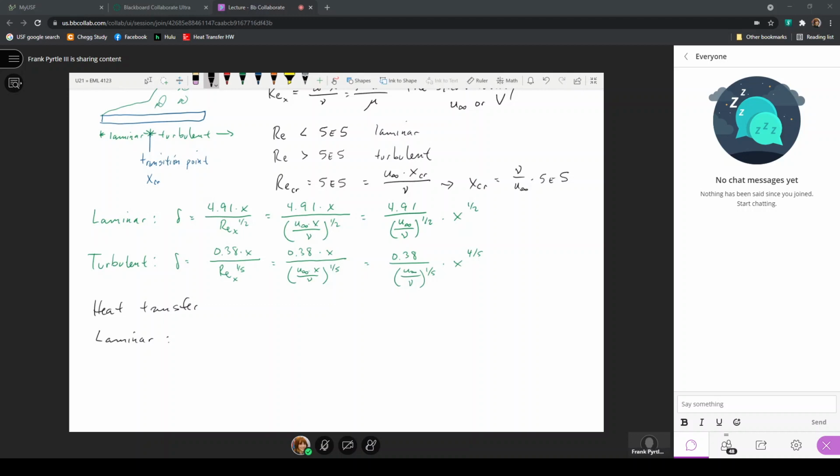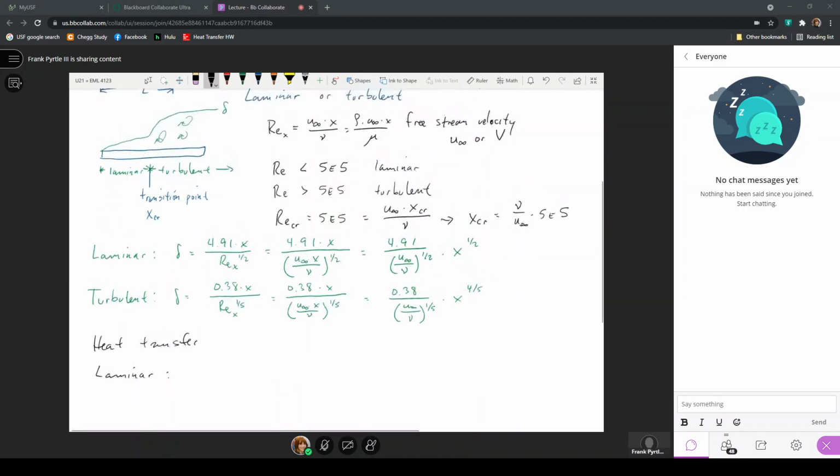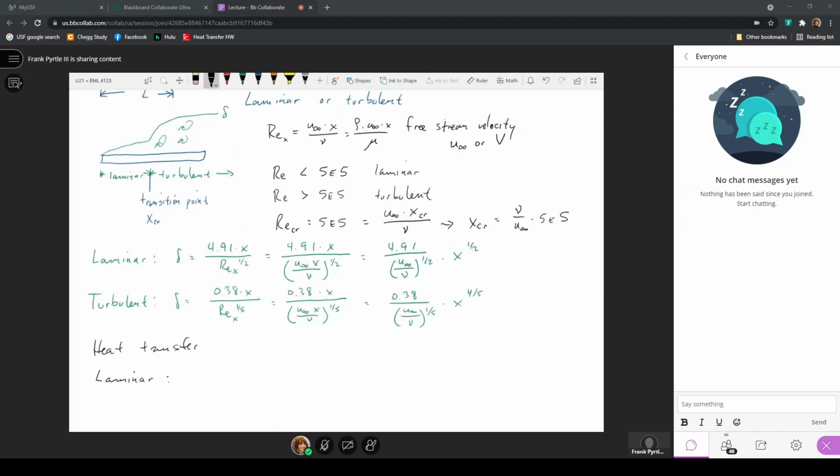Because of the way that the molecules of fluid that flow over the plate interact with the surface, it gives rise to different heat transfer coefficients, which are going to define the heat flux by convection, as there's a temperature difference that exists between the plate and the free stream, the fluid that's existing outside of what will be the thermal boundary layer.